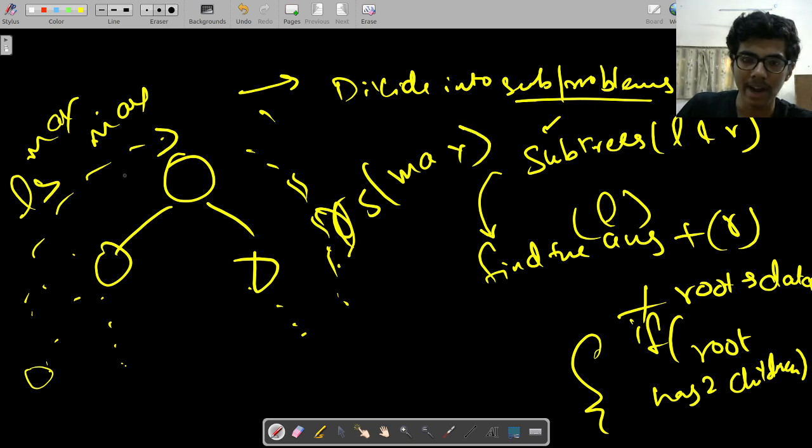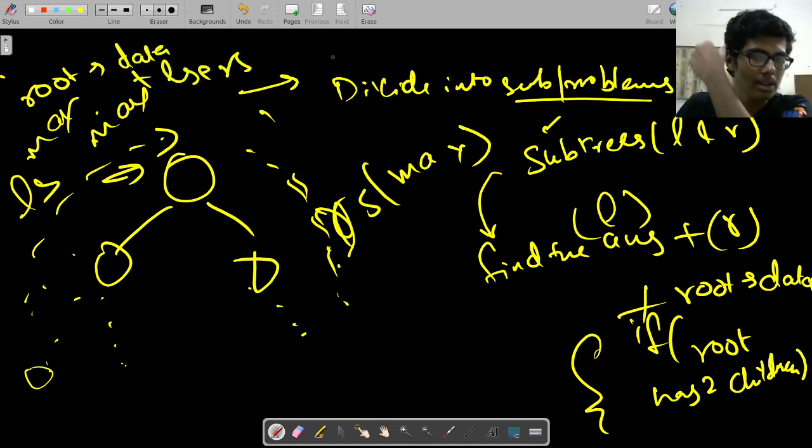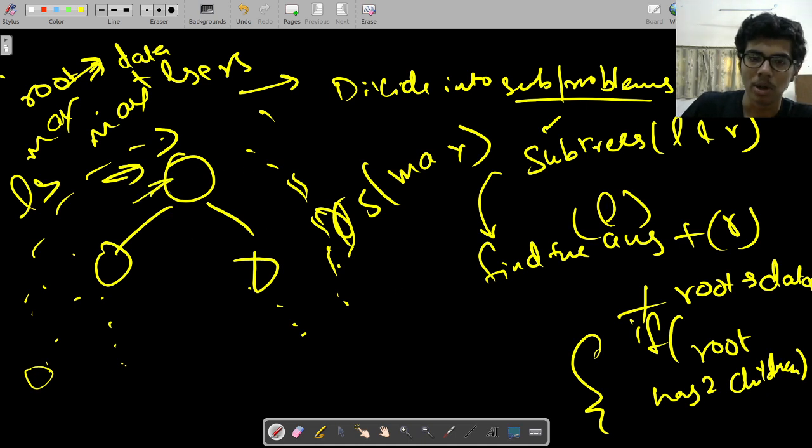Okay, so now if I add this, it will be root dot data plus ls plus rs, right? So it will be data of the root plus ls plus rs. It will give me the value for the root. Okay, so not only for the root, but if I check for all the subtrees, all the nodes present in the root, then I will be getting the answer for that node.